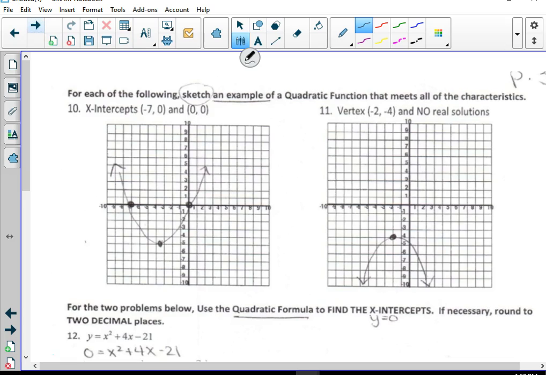Alright. Number 10. It says, I got 2 intercepts at -7 and 0. Boom, boom. Just put them there. And then it says, sketch it. Just generally sketch it. How low this is, I don't know without doing the math on it. But I do know the axis should be right here at about 3.5.